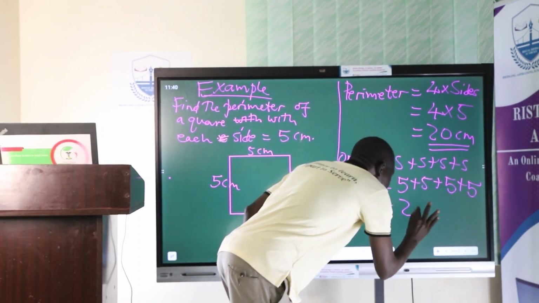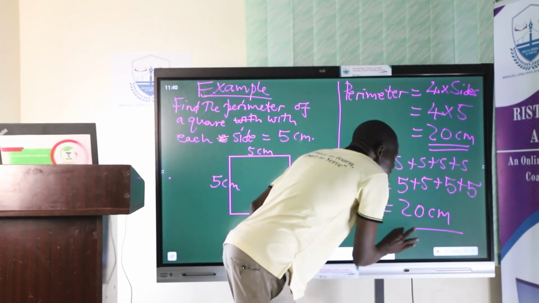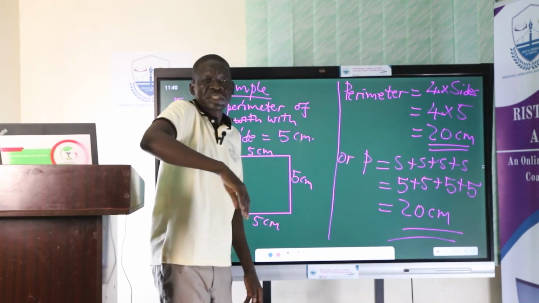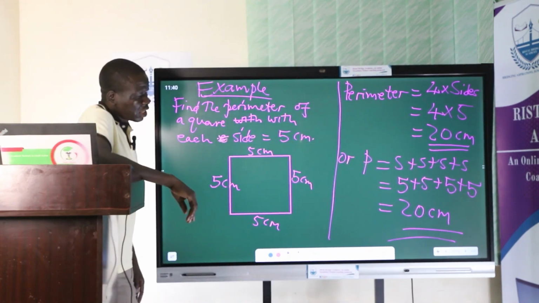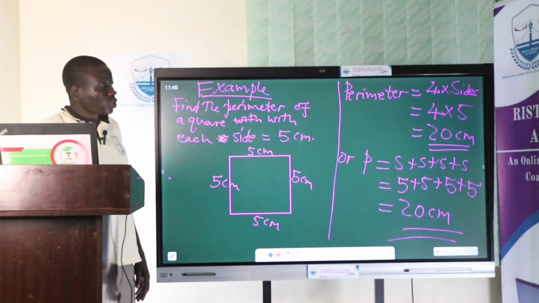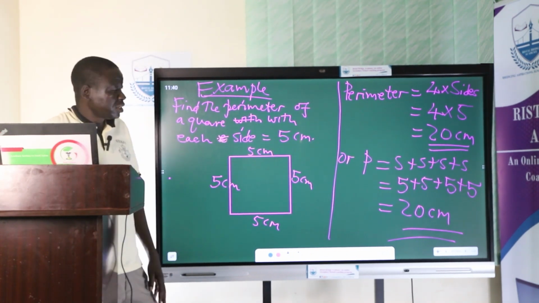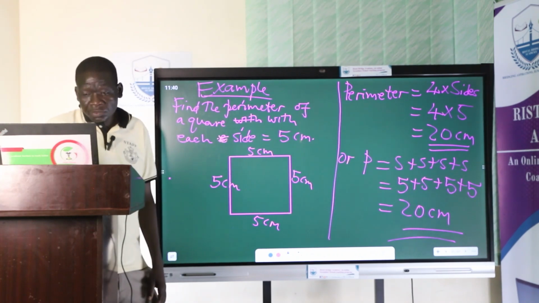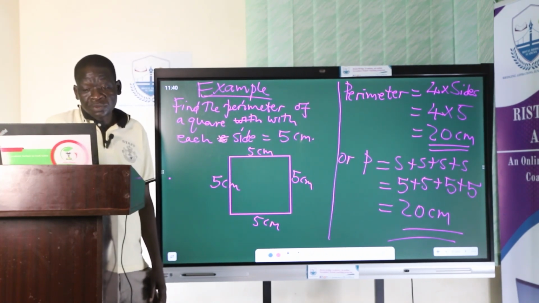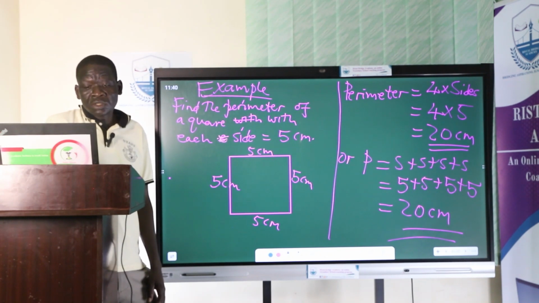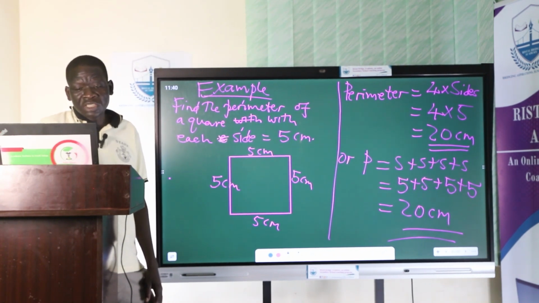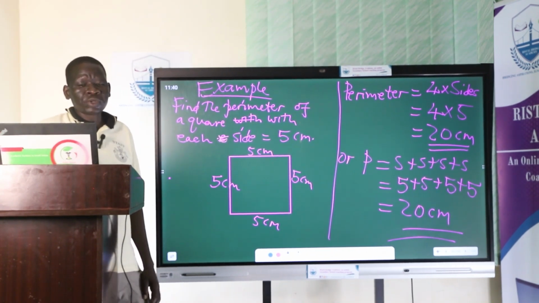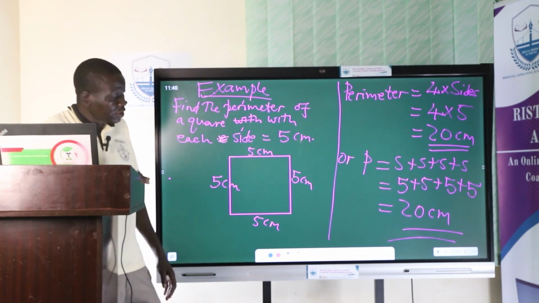That gives us 20 centimeters, because perimeter is the distance around the figure. So basically, that is how we find the perimeter of a square. We can continue and look at another example. This is for a rectangle.